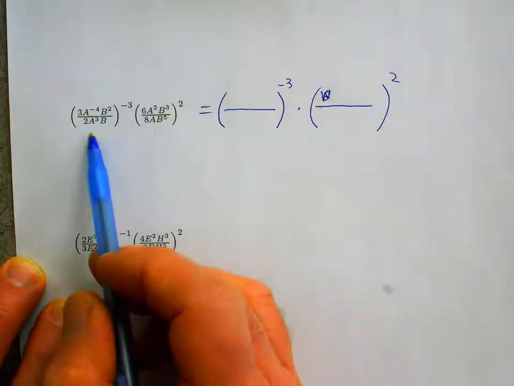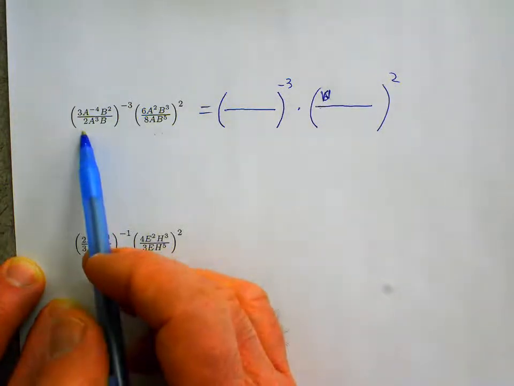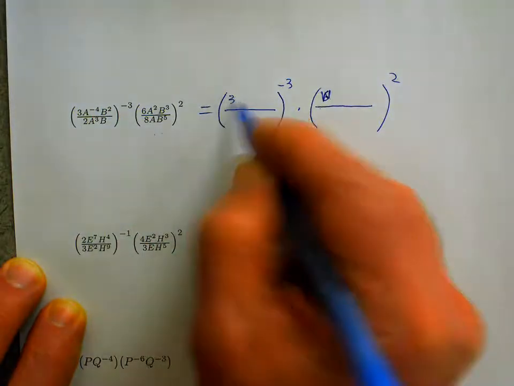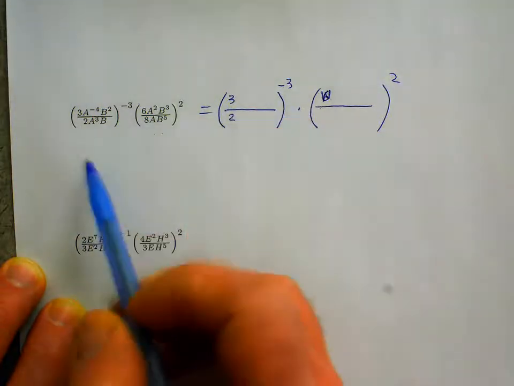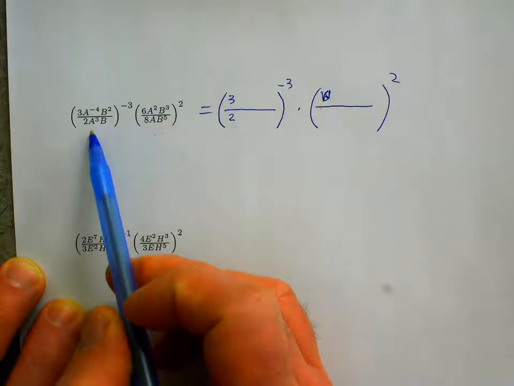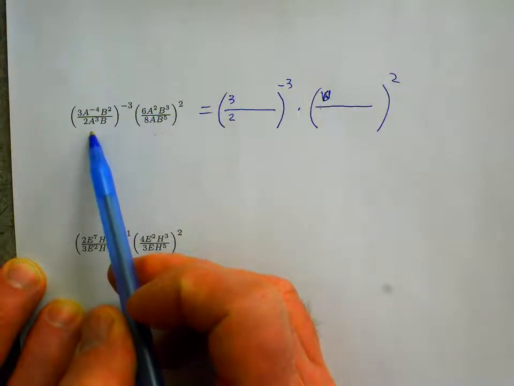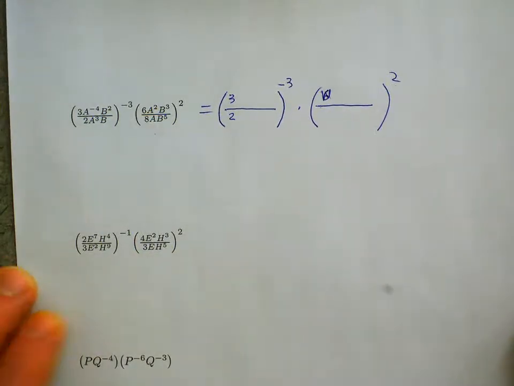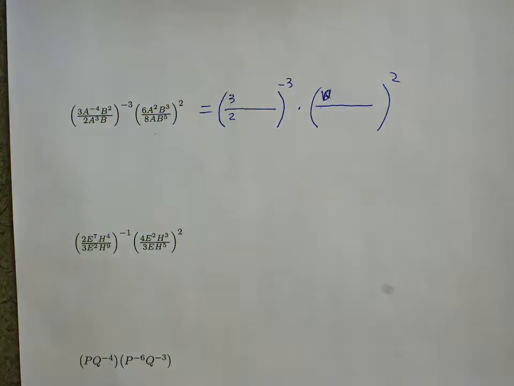Okay, so starting on the left, 3 divided by 2, that doesn't simplify any further, so 3 over 2. And then when we focus on the variable a to the negative 4 divided by a to the 3rd, what does that simplify to?